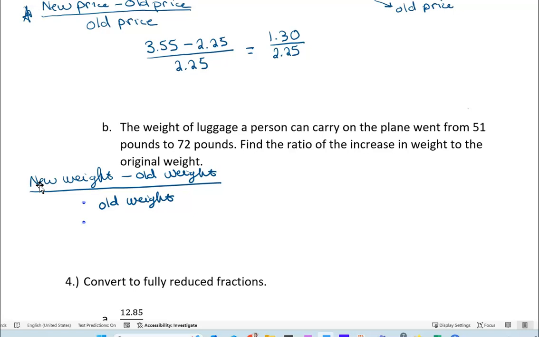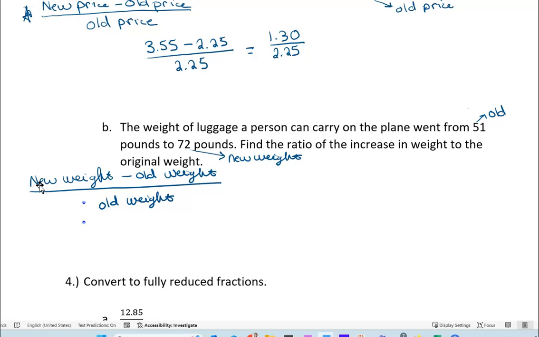Now we just need to figure out what values go with which part. So in this case, we started at 51, so that's the old weight. Then we went to 72, that's the new weight. So just looking at those values, notice that they go up.